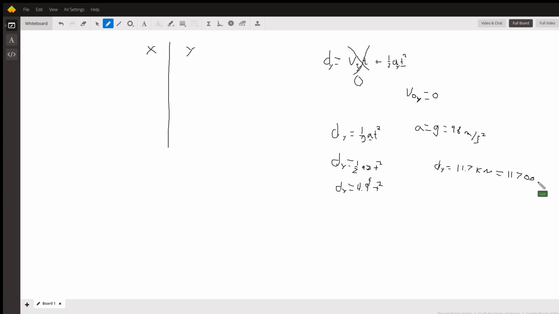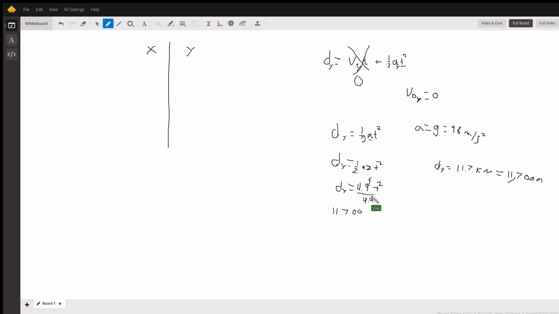If you're wondering why we have to change it to meters, it's because the question asks for seconds, so we need consistent units. So now let's plug in: dy is 11,700 meters. Now this 4.9 is multiplying with the t squared, so we do the opposite and divide by 4.9.